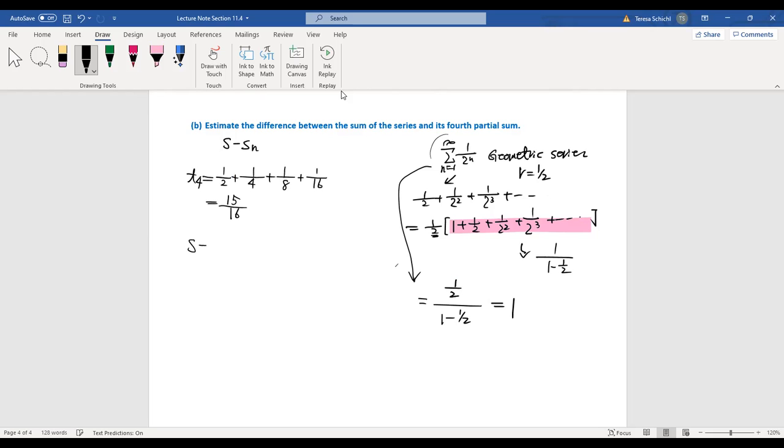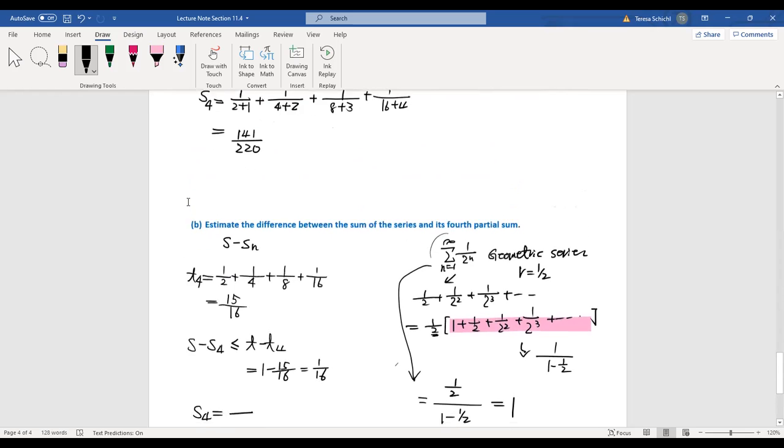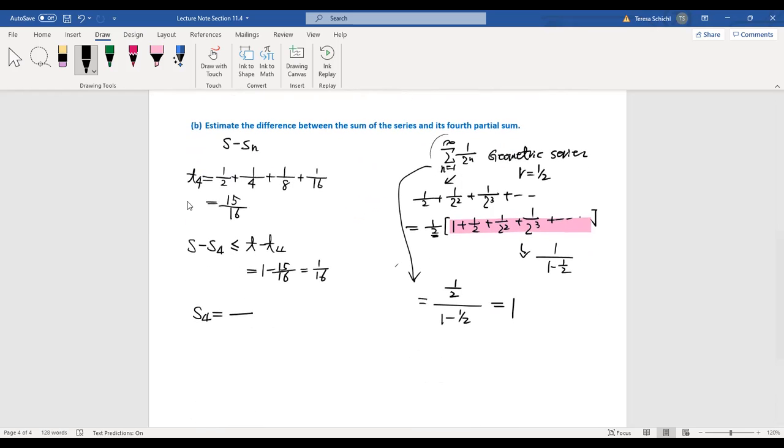So I know S minus S4 is going to be less than T minus T4. The T minus T4 is 1 minus 15/16, so it's 1/16 here, right? From part A, we know that S4 is equal to 141/220.